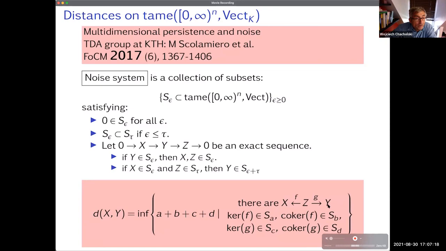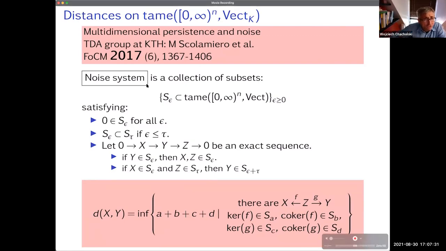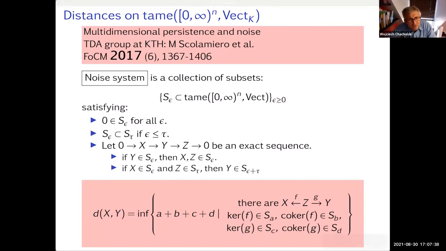You try to compare x and y so that this becomes the smallest. This is a standard way. This defines a distance that satisfies the triangle inequality, etc. So a noise system leads to a distance.